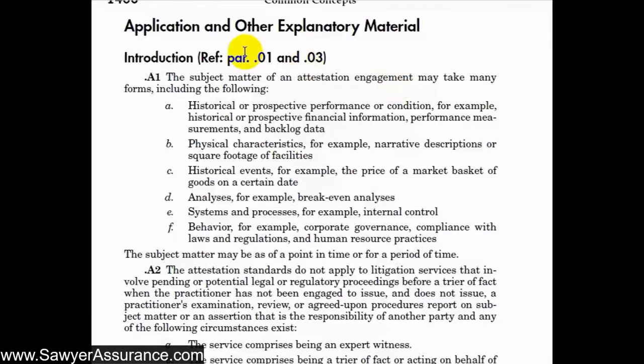Okay, so now we're down in the explanatory material here related to some examples of subject matter that we might be engaged to perform an attestation engagement over. So to give us a good scenario to understand the different parties to the transactions, as well as make it easier for us to understand why we might go about analyzing these subject matter examples, let's pretend that maybe we are engaged by the owner of a company, and maybe he doesn't take part or closely manage the company.